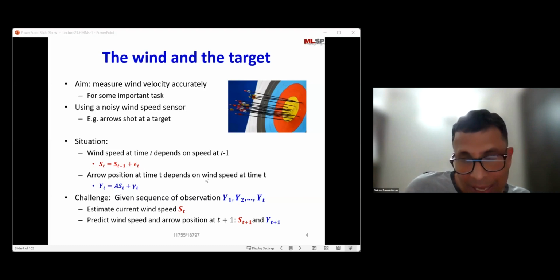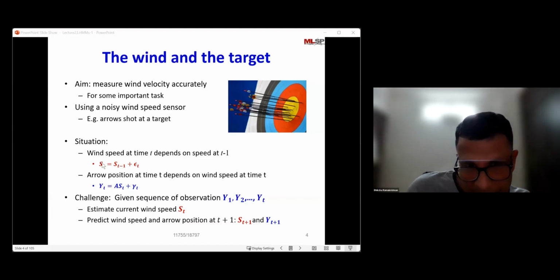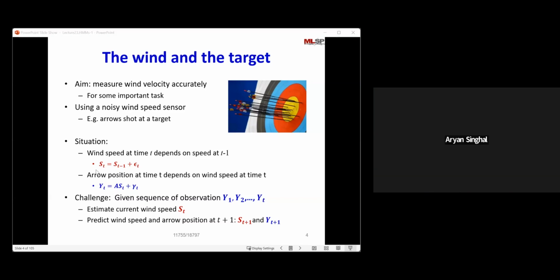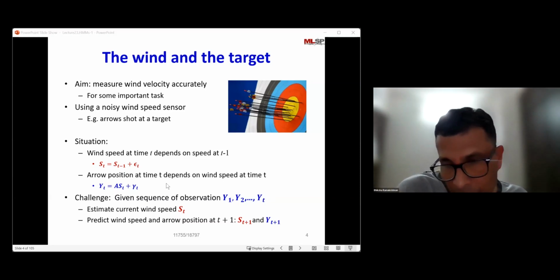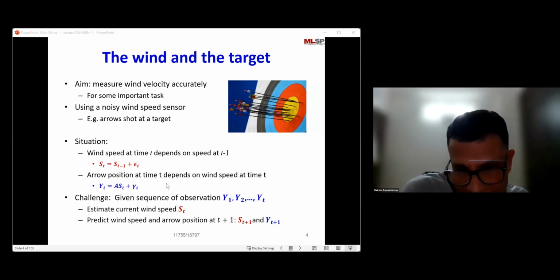If I consider the entire sequence of measurements, then you know that the wind velocity at any time is very close to the wind velocity at the previous time, correct? So by looking at a sequence, you expect to get a more accurate estimate of the current wind velocity than if you took just a single measurement, right?